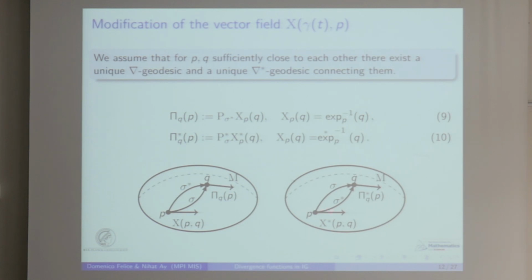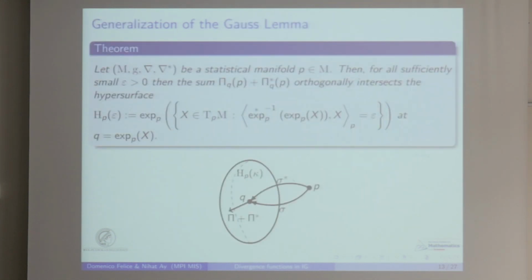If you reverse the reasoning, you get the vector pi star. So you consider first the nabla star geodesic from p to q. You take the nabla star velocity vector at p, and you move it according to nabla star parallel transport along the nabla geodesic up to q, and you get the definition of pi star. The generalization of the Gauss lemma is claimed by this theorem.